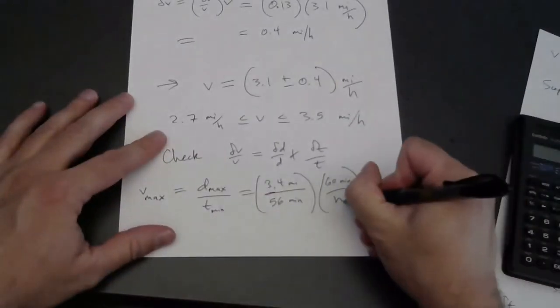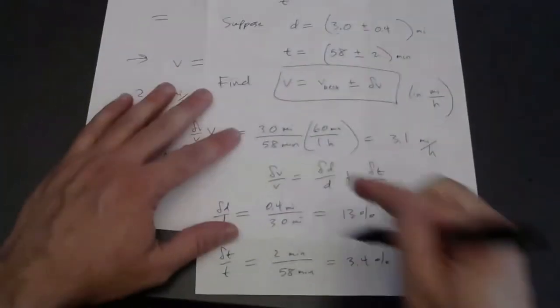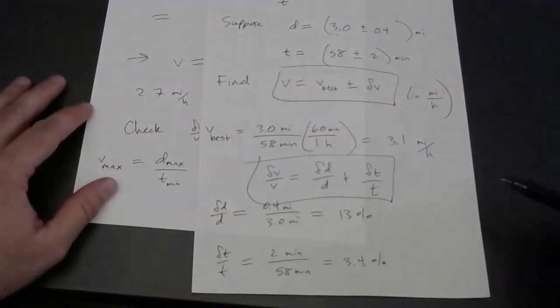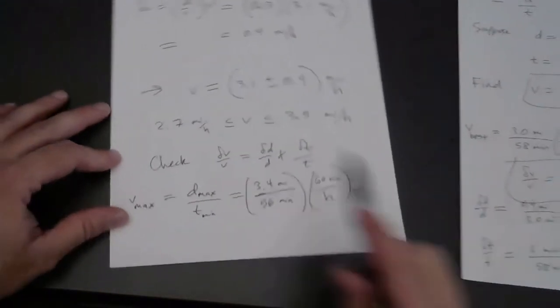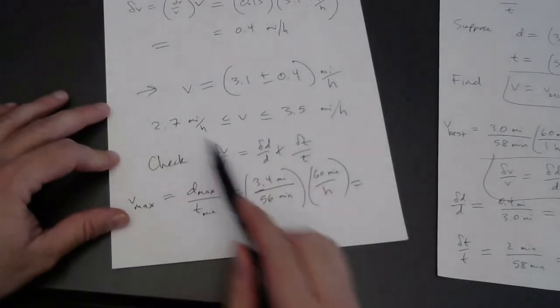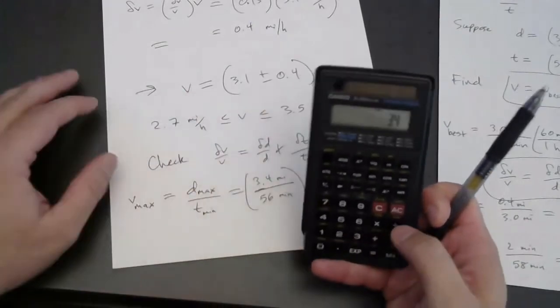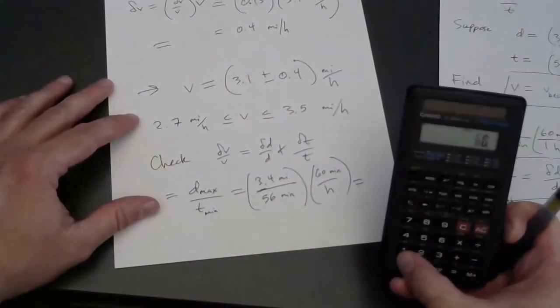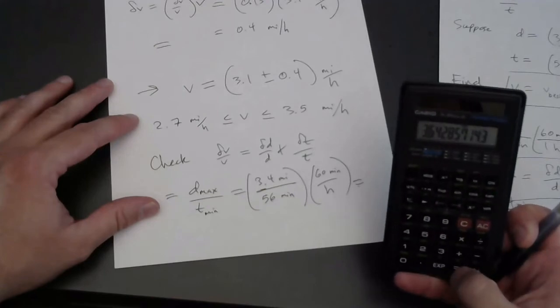Now, what number are we hoping comes out here? If this formula that I've quoted is legitimate at all, then the number that it gives for the highest likely speed should be similar to what I get right now. So let's see what happens. 3.4 miles, 60 minutes in an hour, 56, okay.